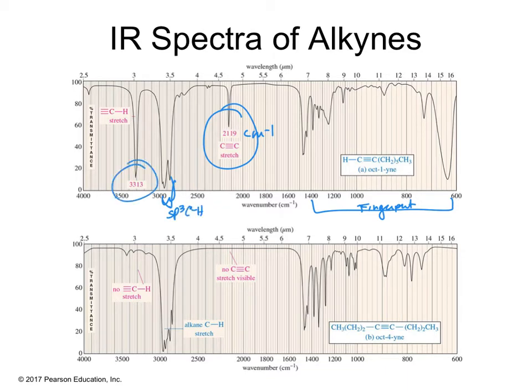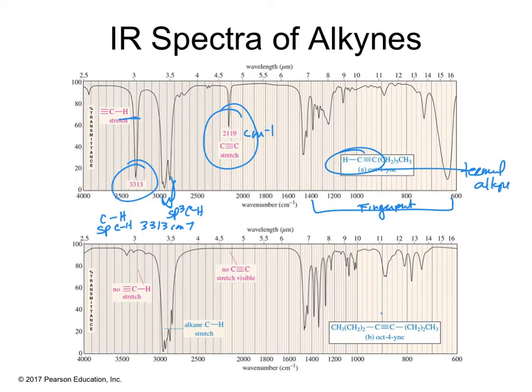This right here is likely, yeah, there you go, the sp carbon-hydrogen bond, and that's at 3313 reciprocal centimeters. So there's your three peaks here. This is showing you a terminal alkyne.